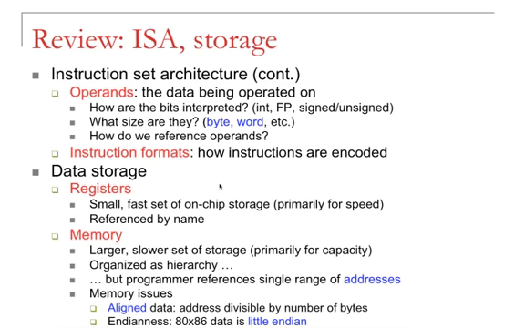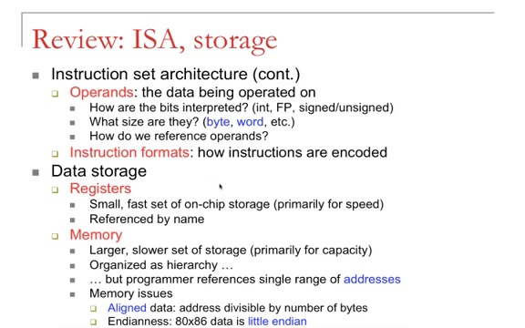The other thing about memory is the endianness. x86 data is little endian. Little endian means we store the most significant byte at the higher address and the least significant byte at the lower address. Again, we're talking about multi-byte data.